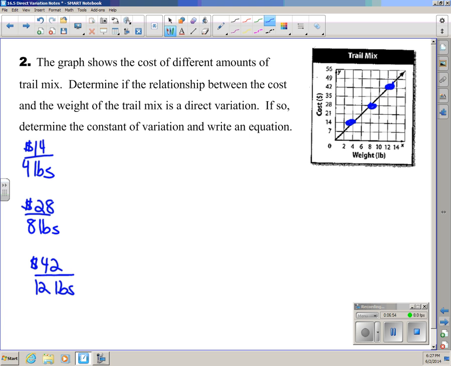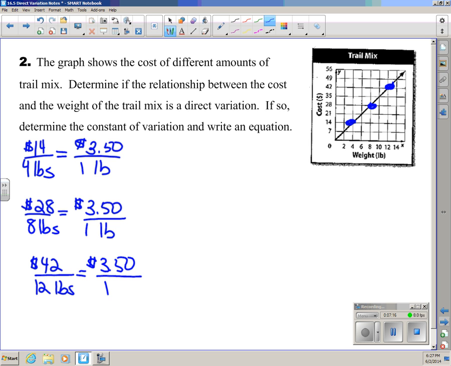You want to determine if the relationship is a direct variation, so you want to find each rate and see if it's equivalent. If you divide, this is $3.50 for a pound. This is $3.50 for a pound. And this is $3.50 for a pound. So, is it a direct variation?